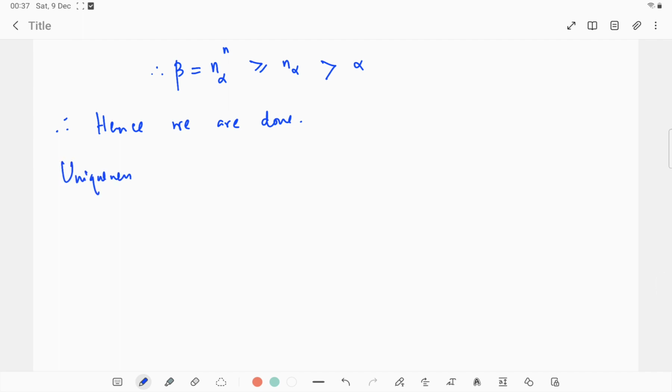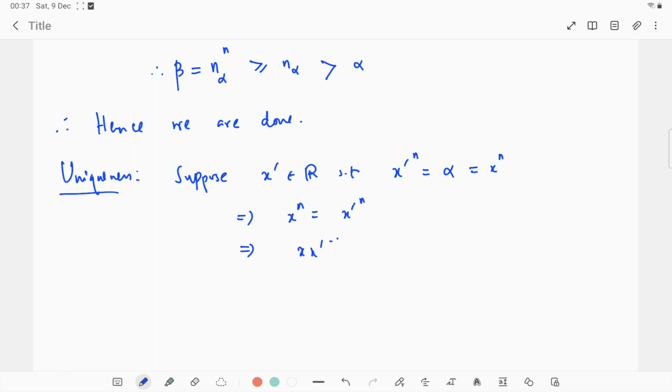Now the uniqueness part. It is very easy. Suppose x prime belongs to R such that x prime to the power n is equal to alpha, and also x to the power n is alpha. Now x to the power n is equal to x prime to the power n. This implies (x by x prime) to the power n is equal to 1.